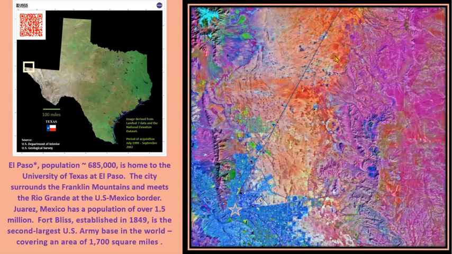Fort Bliss was established in 1849, and it's the second largest U.S. Army base in the world, covering an area of 1,700 square miles.